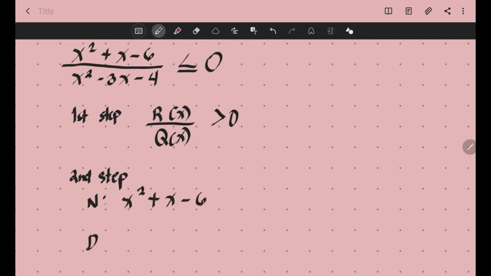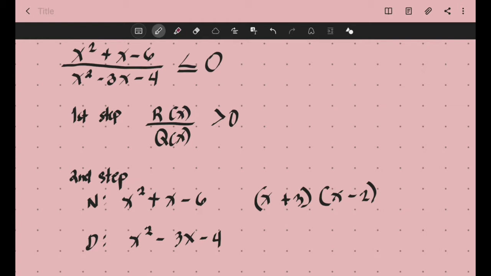And for our denominator, we have x squared minus 3x minus 4. Since our numerator is x squared plus x minus 6, it is factorable as x plus 3 multiplied by x minus 2. 3 multiplied by negative 2 is negative 6, and 3 plus negative 2 is positive 1, as we observed in our quadratic trinomial x squared plus x minus 6.